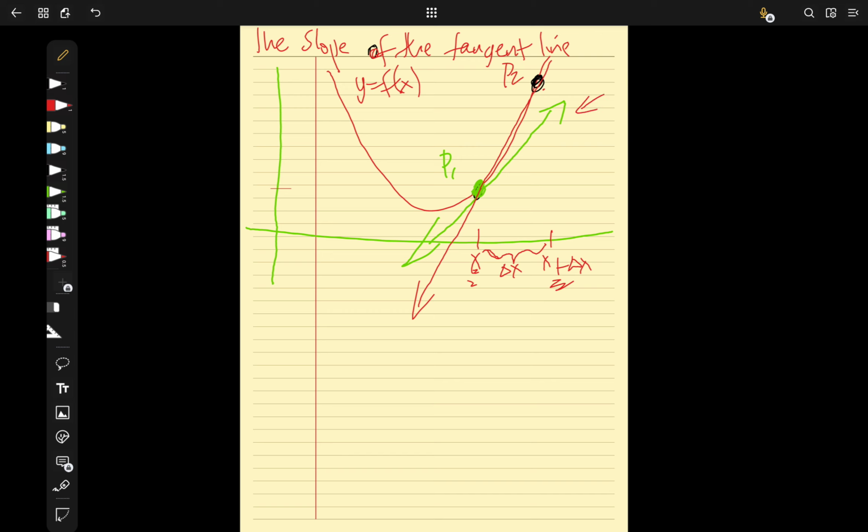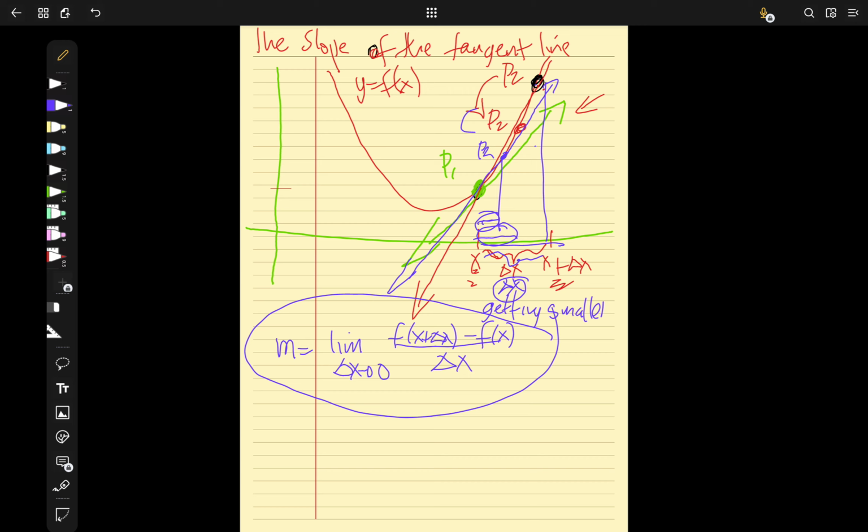Earlier, our delta x was this gap, then when it moved, our delta x was only this, and when it moved again, our delta x was only that part. So delta x gets smaller. Okay? So calculus says, we can find the slope of the tangent line by getting the limit of f of x plus delta x minus f of x, all over delta x, as delta x approaches 0. So this is now the definition of the derivative. This is what we do in steps 1 to 6. Okay?